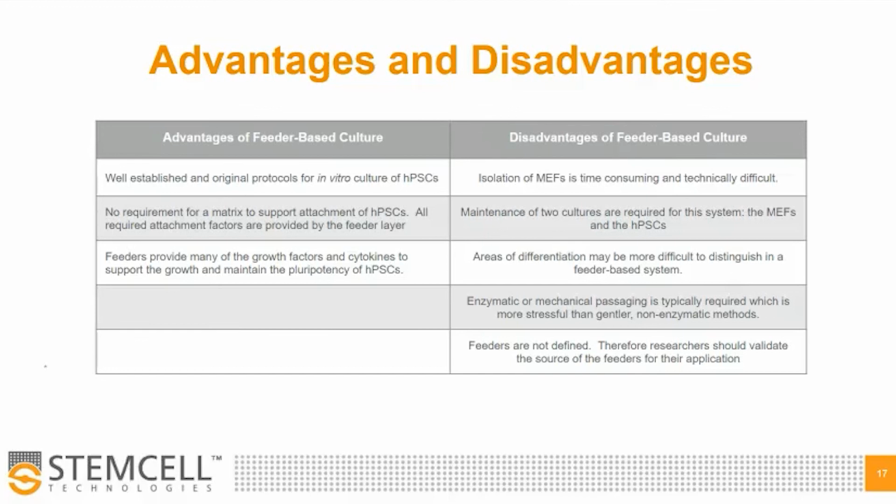In a feeder-based culture, enzymatic or mechanical passaging techniques are typically required, which are more stressful than gentler non-enzymatic methods. And finally, feeders are not defined and their performance can be variable. Therefore, researchers should validate the source of their feeders for their application.